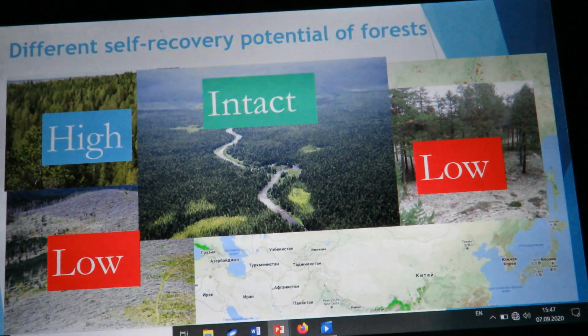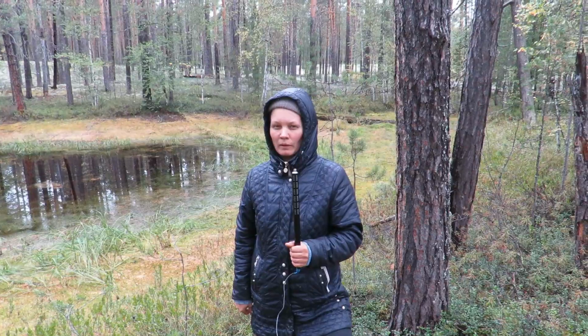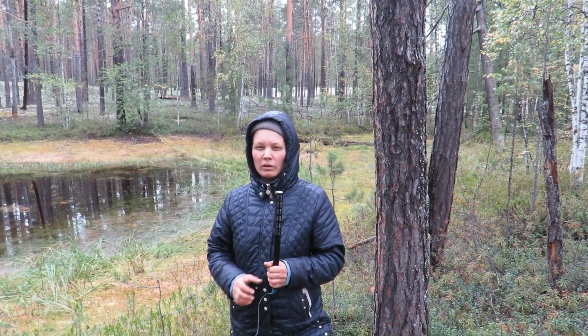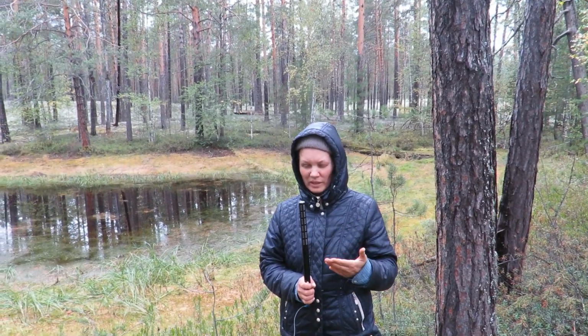This should be done urgently because their degradation is also facilitated by the effects of global climate change. So, if we decide to help the forest, how can we do that?